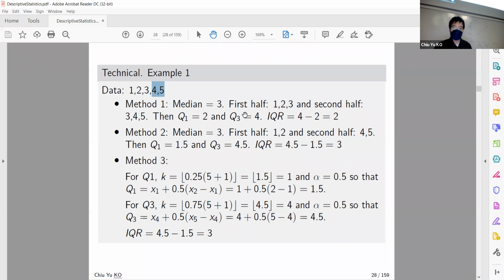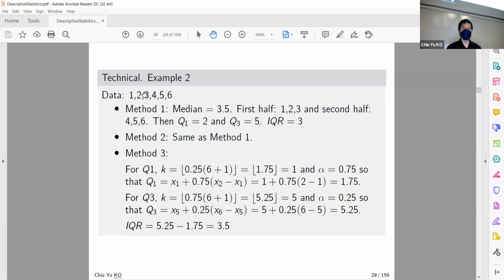And these 2 are different because it's an odd number of observations. When there is an odd number of observations, the median is exactly the middle data point. When you have an even number of data points, 1, 2, 3, 4, 5, 6, the median is not in the data set. It's not an observation.